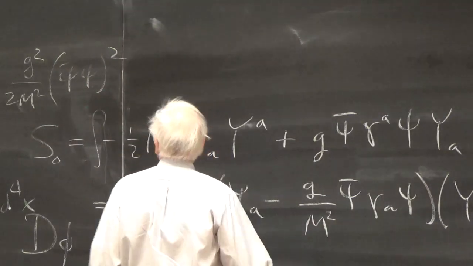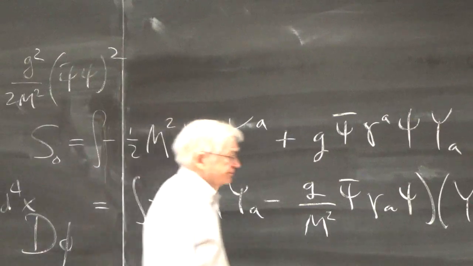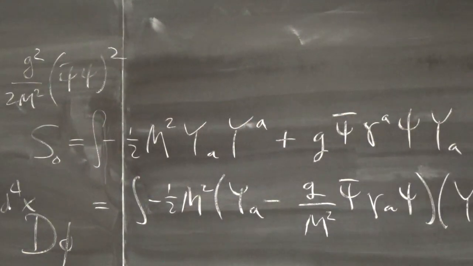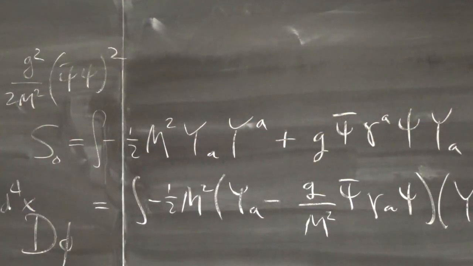However, you notice that both terms are small because m squared is huge, and so this is a non-renormalizable term arising from fields that are many orders of magnitude heavier than the fields that we know about experimentally, or that are detectable with current experiments.